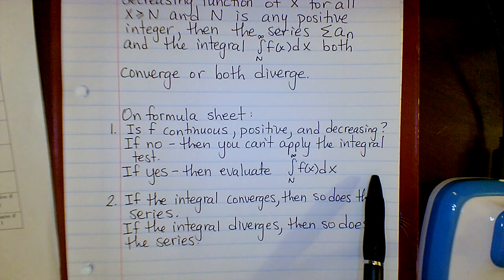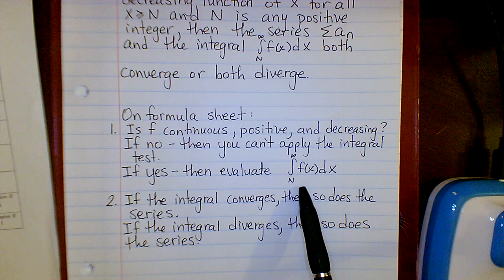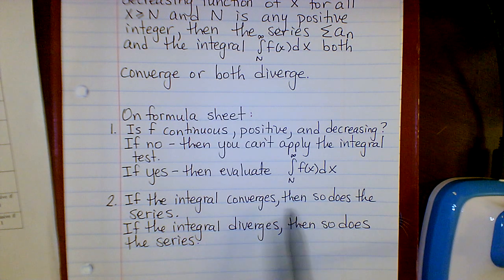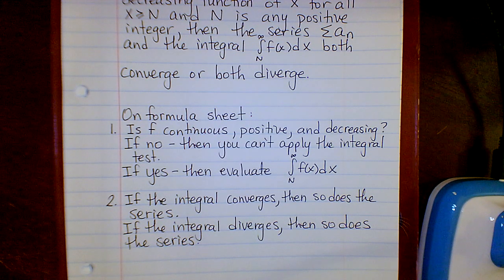Move on to another test. If yes, then we're going to evaluate this improper integral. Once we've evaluated this integral, if it converges, so does the series. If it diverges, so does the series. So rather than trying to draw a picture and show you how that's going to work, I think it's easier to just dive right into an example and then show you with that example.